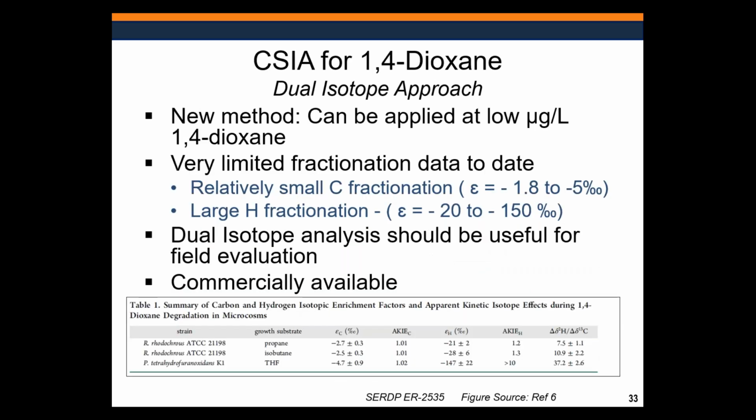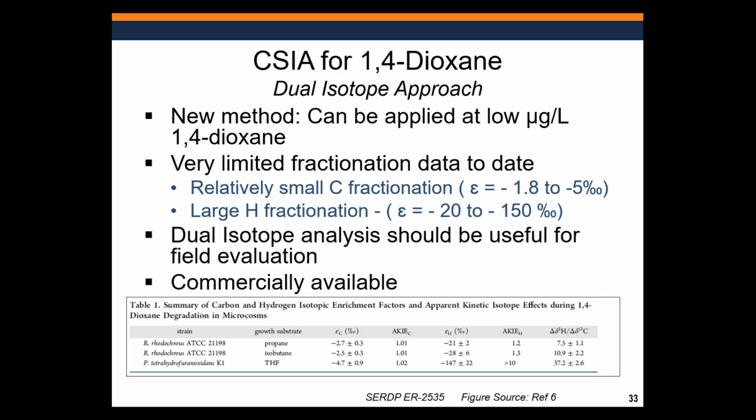So the answer to that in the near future may be dual isotope analysis of 1,4-D. This was some SERDP-funded work, led by Peter Bennett, who teamed up with some folks at Waterloo, Ramon Aravena and others. They developed a technique where you can look at hydrogen and carbon isotopes in 1,4-dioxane.